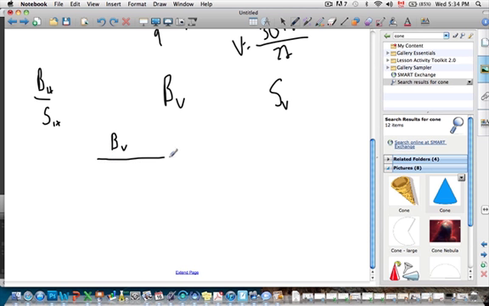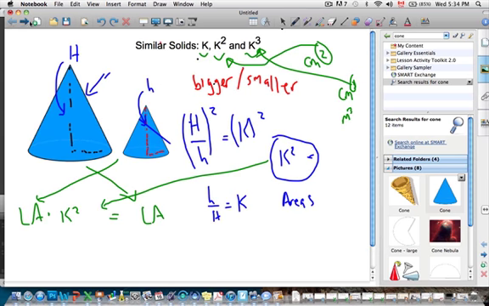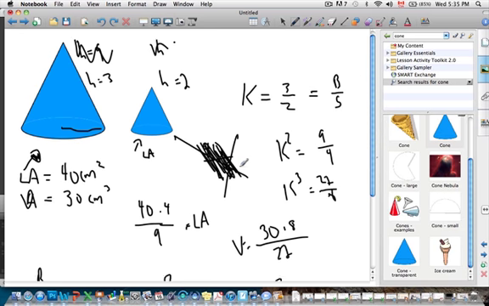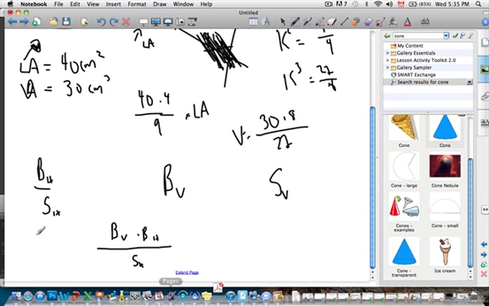and you divide by big height over small height, and that is technically like multiplying by small height over big height, and this equals the small volume.